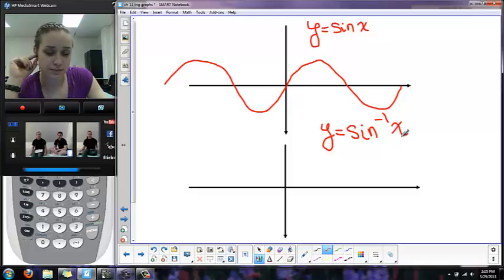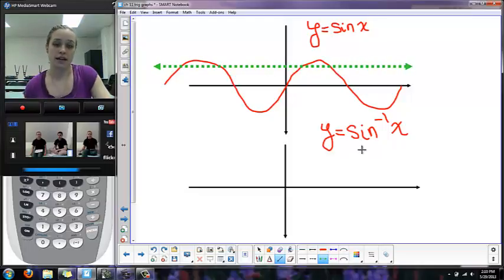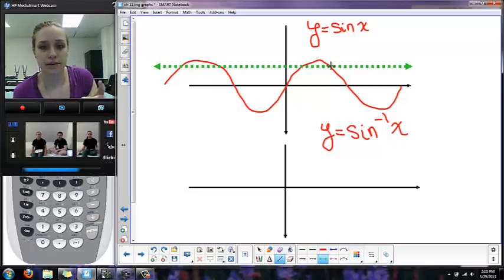Okay, well, if I take a look at the graph of sine, does sine pass the horizontal line test? And hopefully you're saying no. Obviously it doesn't, because it fails here and here and here and here. It would only pass the horizontal line test if it passed through that line one and only one time. So, alright, sine fails the horizontal line test.